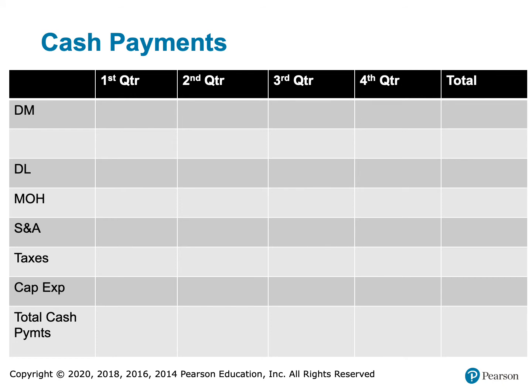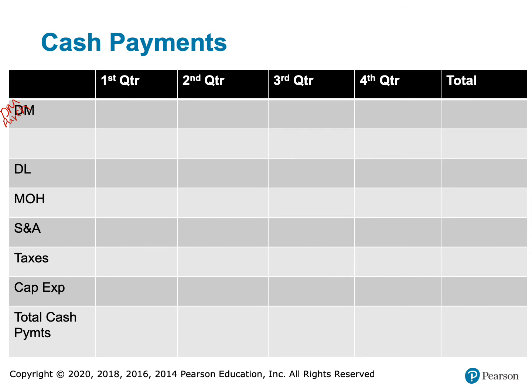So if you will flip back to your direct materials purchases budget, we can see that in quarter one, our purchases for direct materials were $65,100. Of that $65,100, we're expecting to pay 75% of that in the first quarter.